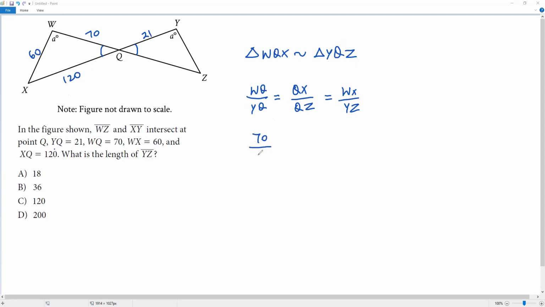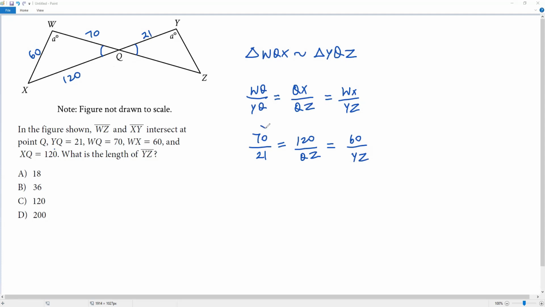For YQ we have 21. For QX we have 120. For QZ we don't have the length. We can write QZ as it is. For WX we have the length 60. For YZ we don't have the length, so we write YZ as it is. Here my aim is to get the length of YZ.